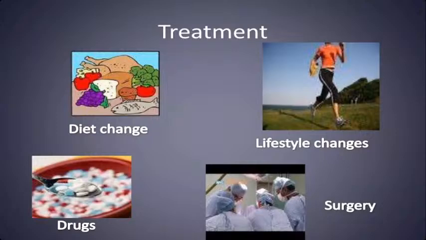Some drugs, such as we've seen non-steroidal anti-inflammatory drugs, and lifestyle change, to a lifestyle that is less stressful, because we know stress and psychosocial stress can be triggers for inflammatory bowel disease.